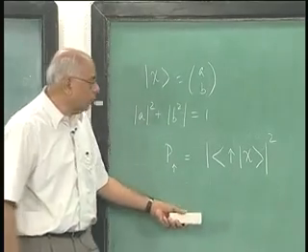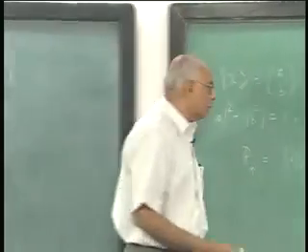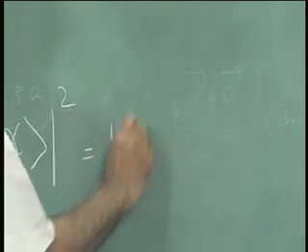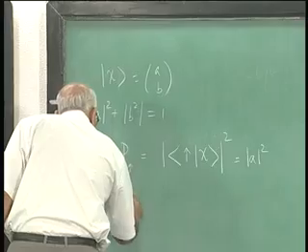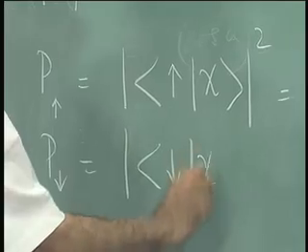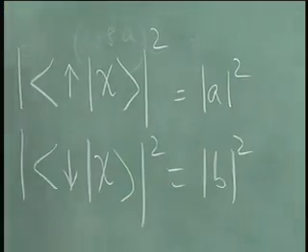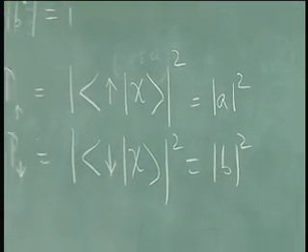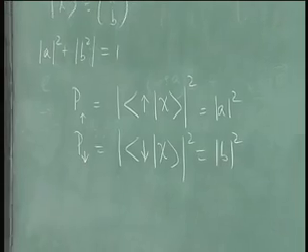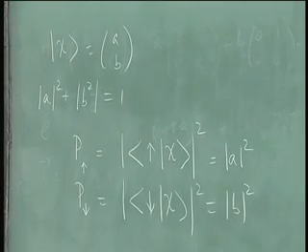So what is this equal to? Mod A squared, and similarly P down equal to the mod squared of down chi, which is mod B squared. Okay.